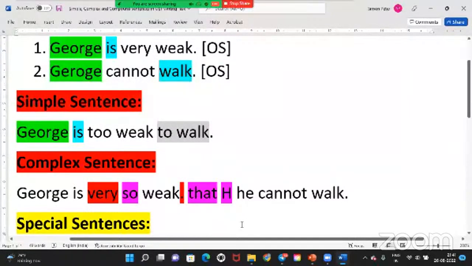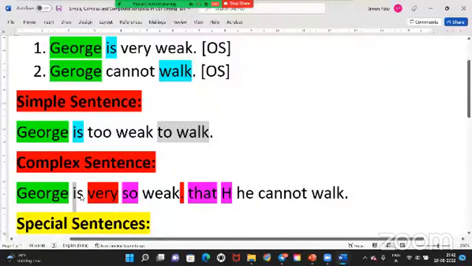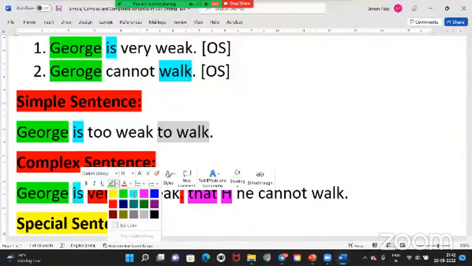So this is the way. Here also in the same way. We are going to see. George, one subject, is the verb. He, another subject.